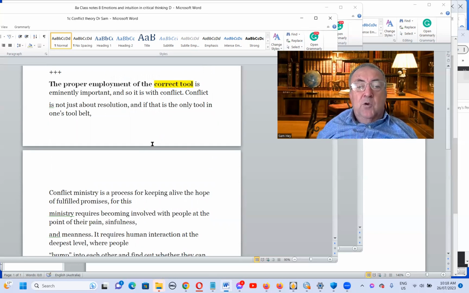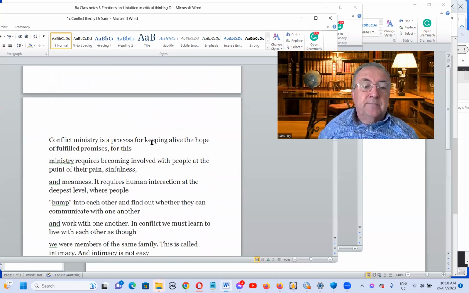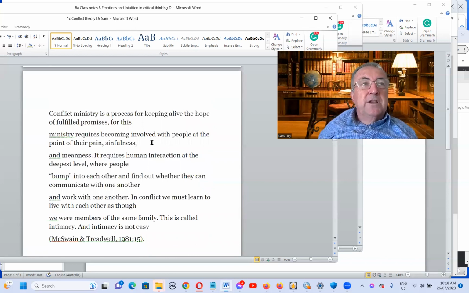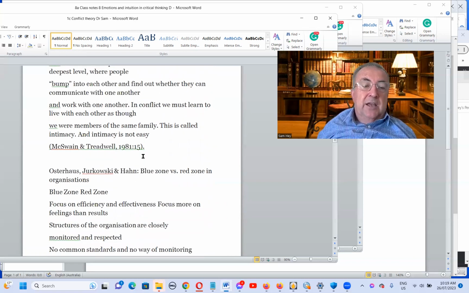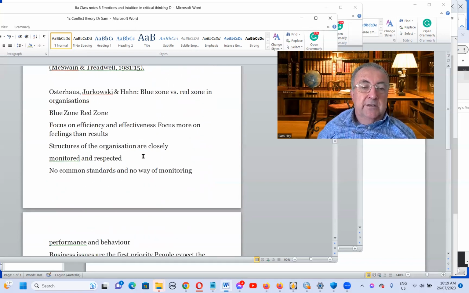The proper employment of the correct tool is particularly important in addressing conflict. What are the different tools that one has in one's tool belt that one can bring, such as listening, empathy, caring, concern, love, and appeal to reason, appeal to various reasons for difference, coming to a point of self-understanding as a Christian, prayer and worship and scripture, as a logical thinker, perspectives as a person who has various interests, understanding those interests and needs.